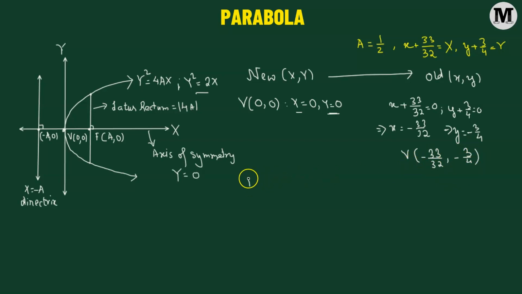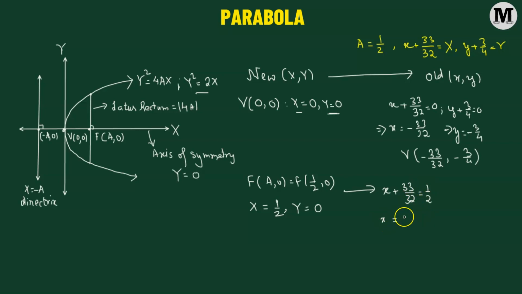Now coming to the focus. The focus is at (a, 0). Here a corresponds to 1/2, so we have (1/2, 0). This means the value of X is 1/2 and the value of Y is 0, which means that in the old coordinate system, X equals 1/2 corresponds to x plus 33 over 32 equals 1/2.